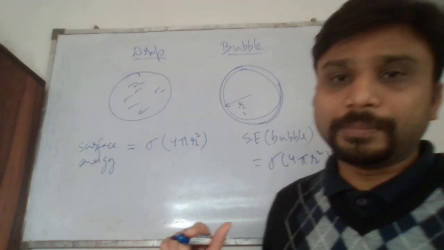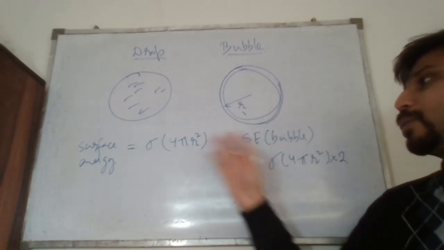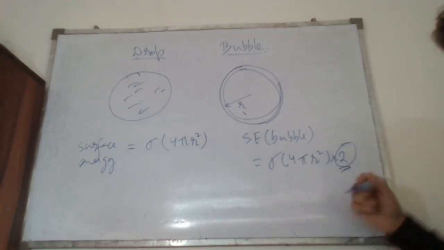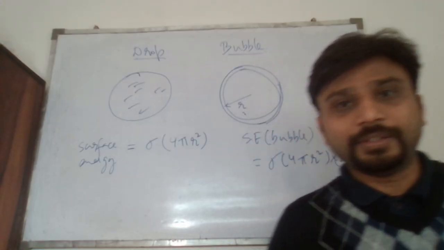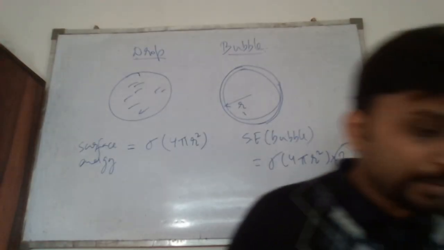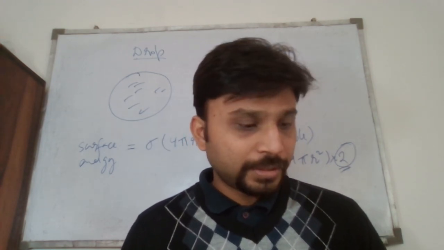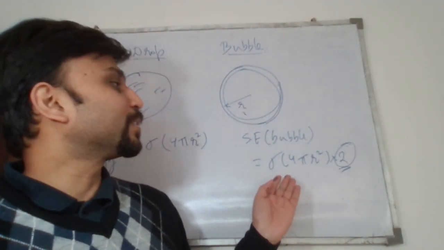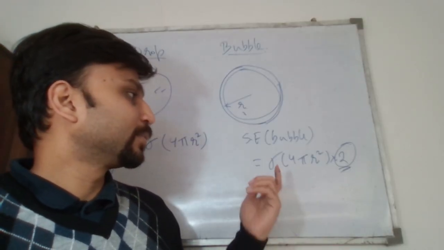So it is simply multiplied by 2. That means there is not a lot of difference in the formulas for a drop and a bubble, except this factor of two. Otherwise they are pretty similar. So this is the question which we have: what is the surface energy of the soap bubble of radius r and surface tension s? So we have answered that question. The surface energy of a bubble of radius r and surface tension we have taken sigma is this value.